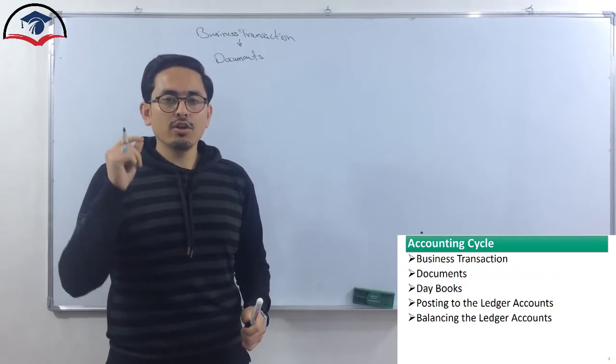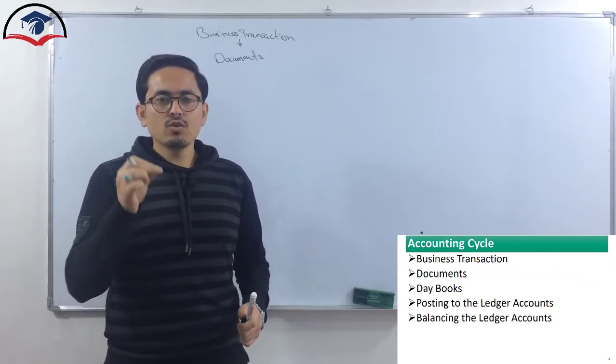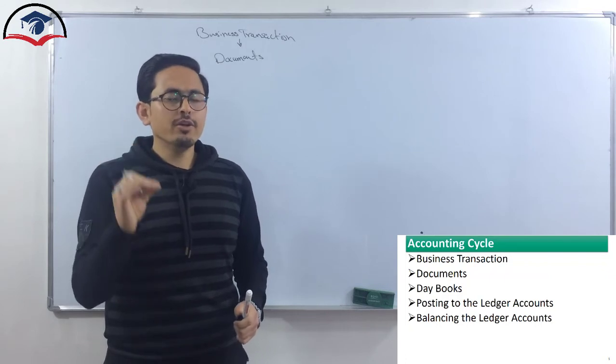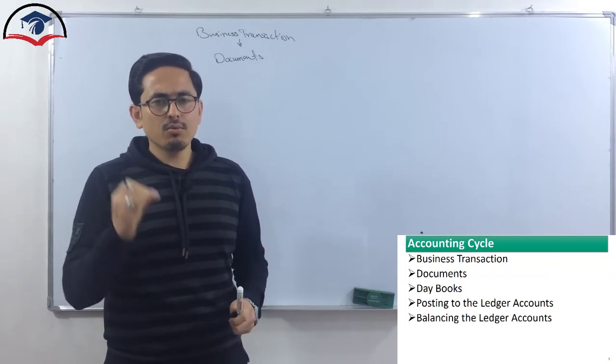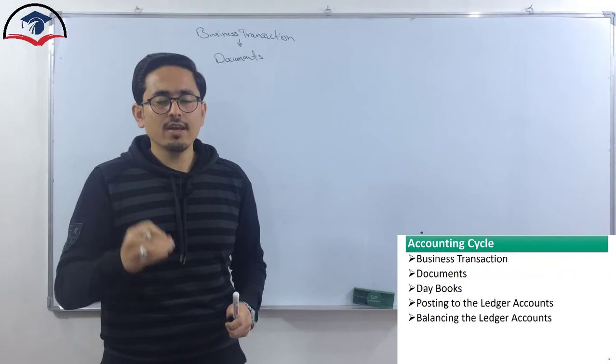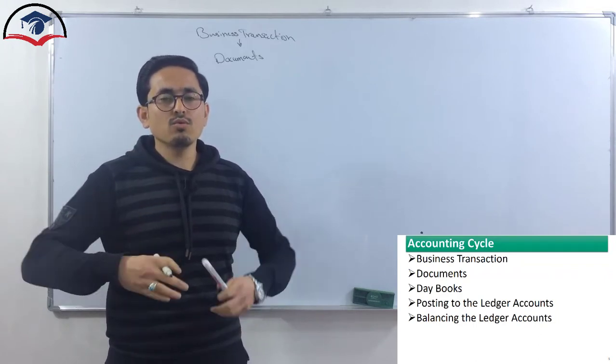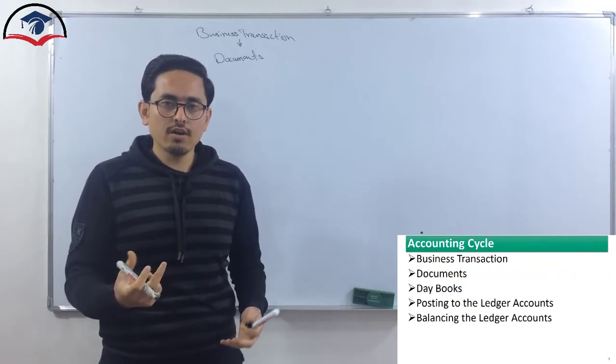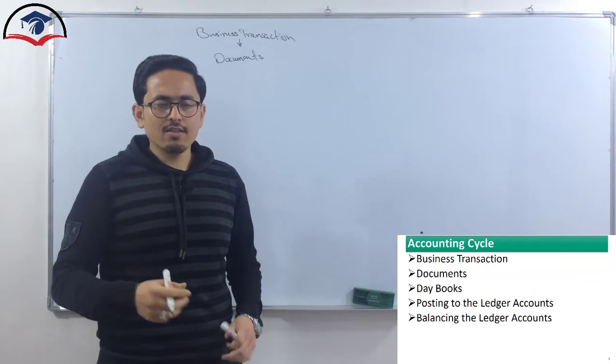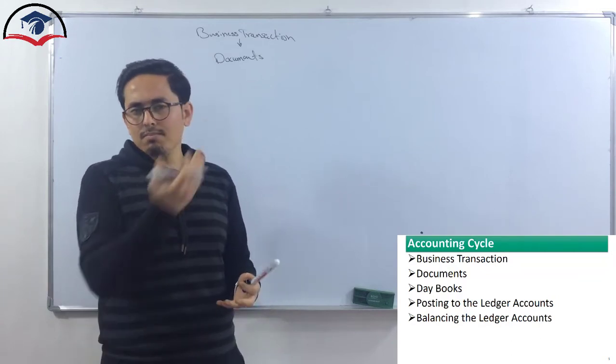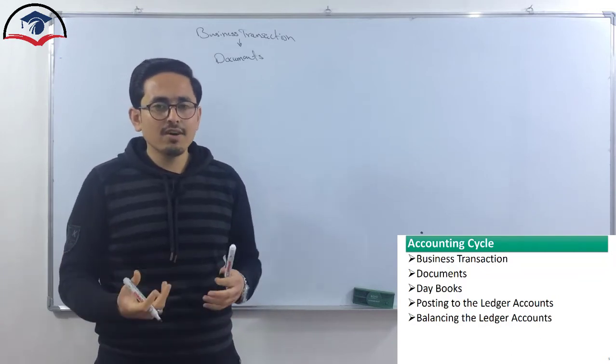He cannot record that in the accounting system. So sufficient and appropriate supporting documents are required inside the accounting system to enable the accountant to record that. So take care of that. Is there any supporting document for the business transaction I have identified or not?